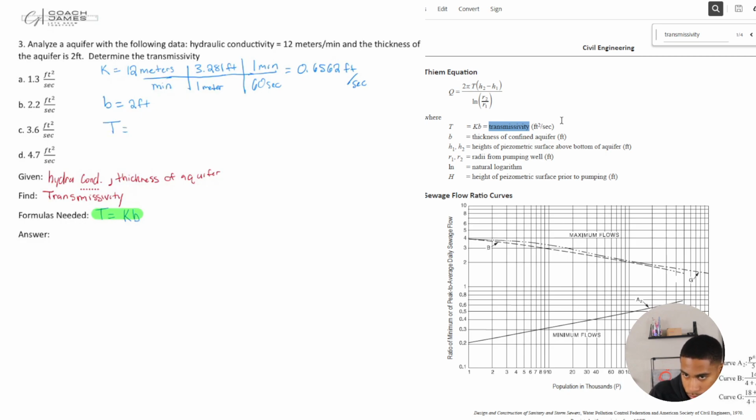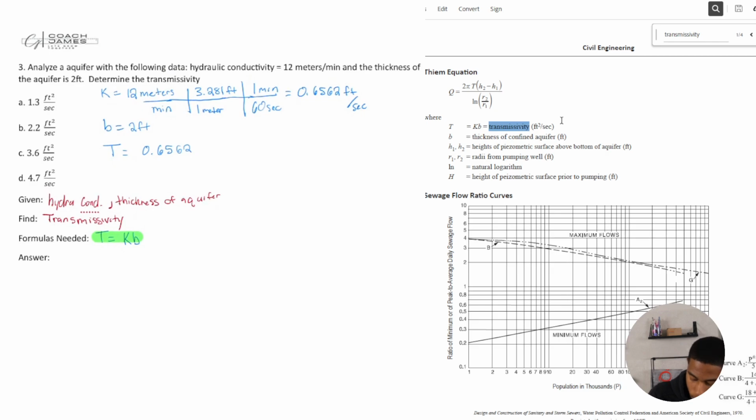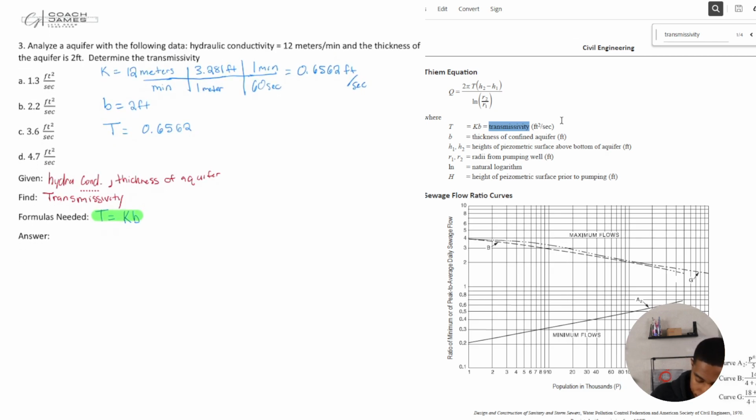Cool. So T is equal to K, 0.6562. I accidentally did too many zeros, so it's just going to be 0.6562, times my B, which is 2 feet.